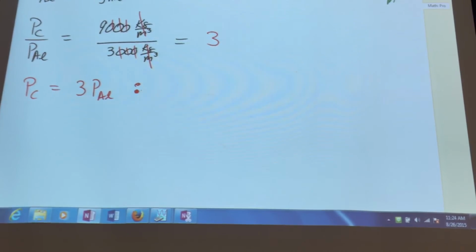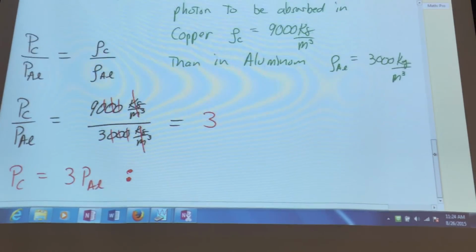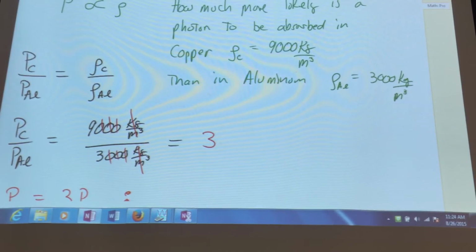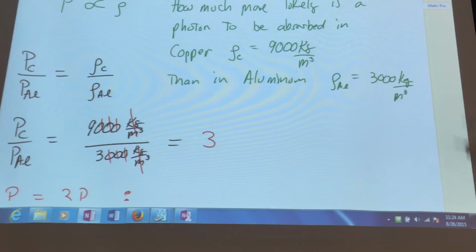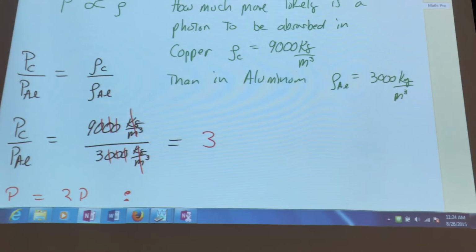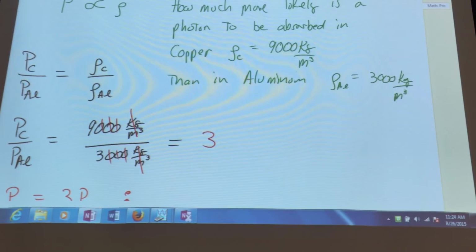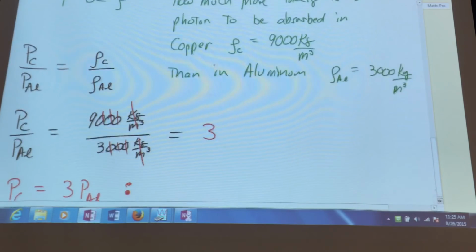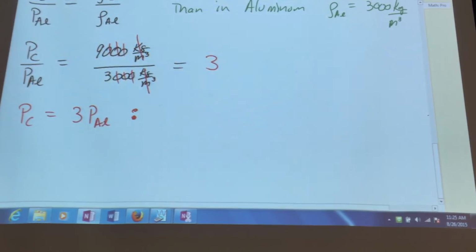I'm looking for some words that would correspond to an answer to the question, how much more likely is a photon to be absorbed in copper than aluminum? Copper is 3 times more likely to be absorbed than in aluminum. Bingo! So we'll put it down this way.